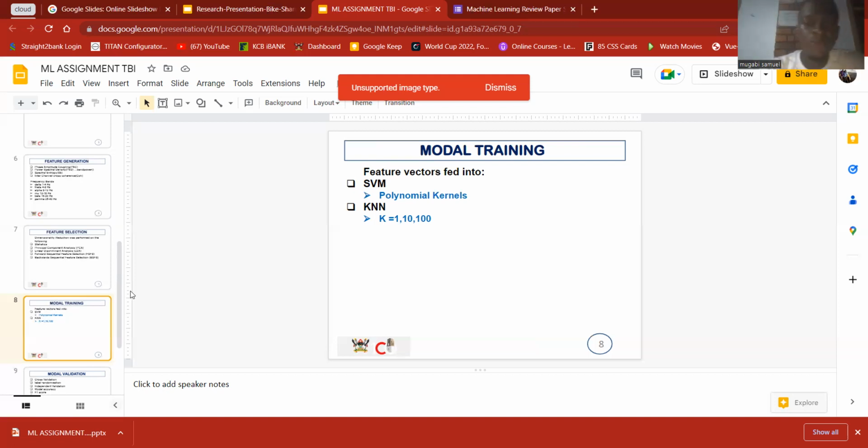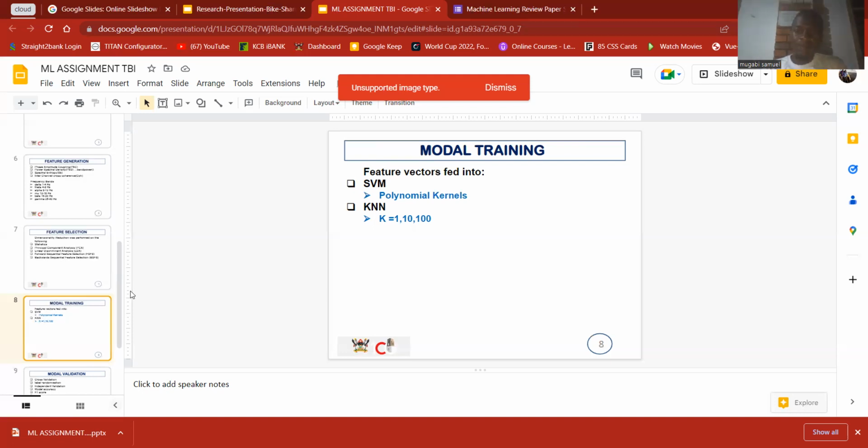The other method that was used was k-nearest neighbors. For the k-nearest neighbors, it's mainly plotting a graph, and then this vector, this data point, considers, for example, when you take k equals 10, the 10 neighbors around. It says that if my 10 neighbors have traumatic brain injury, then this data point also has traumatic brain injury.